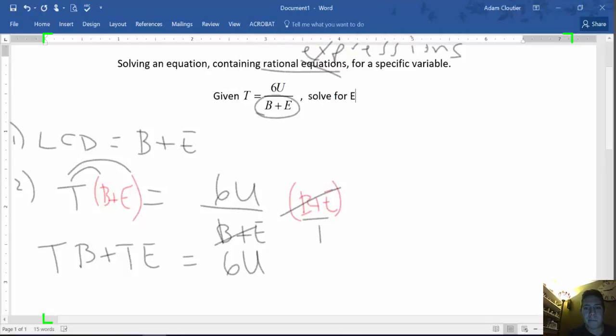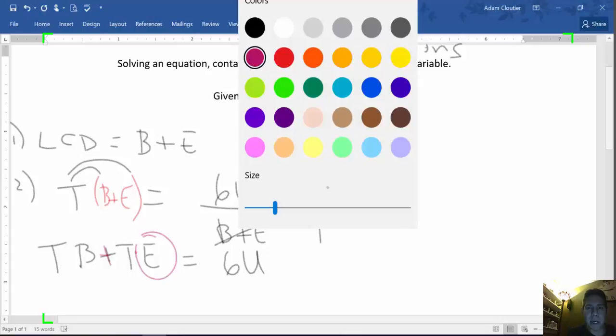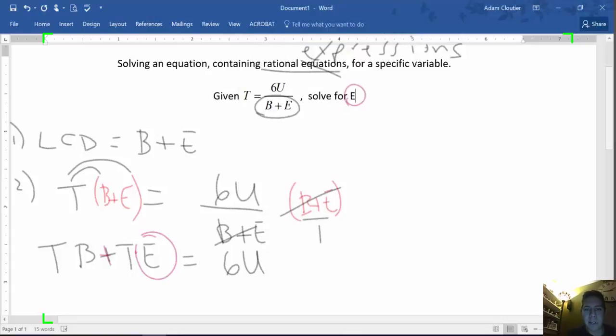The next step, find your e and solve for it. In this case, I've got some multiplication here that I need to undo, and I have some addition here that I need to undo. Let's do our order of operations a little bit backwards, and let's take tb plus te and undo by subtracting tb on both sides of our equation.